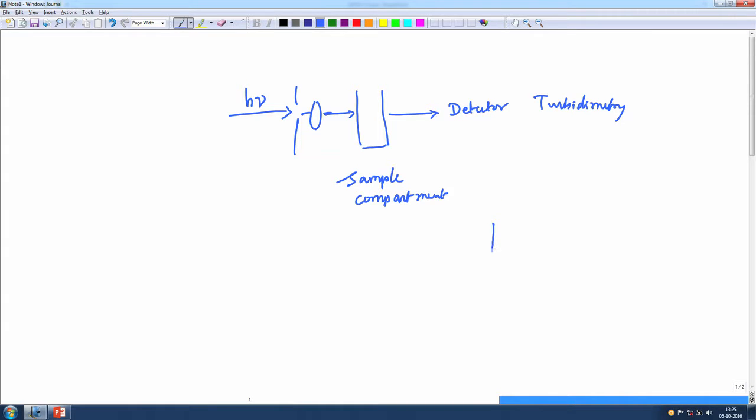In turbidimetry, generally what happens is the opposite sides of the cell are polished. This is the cell.